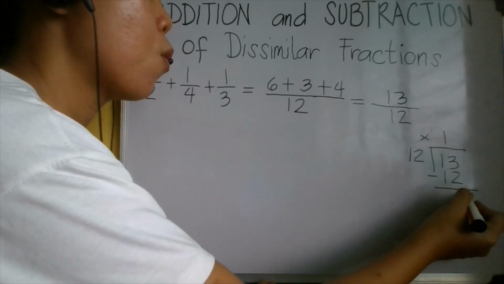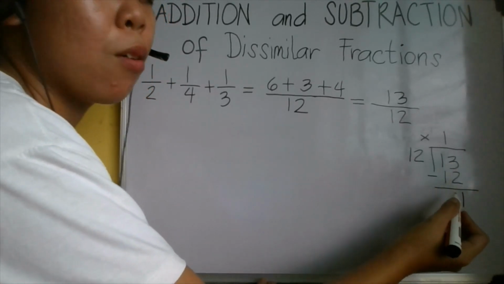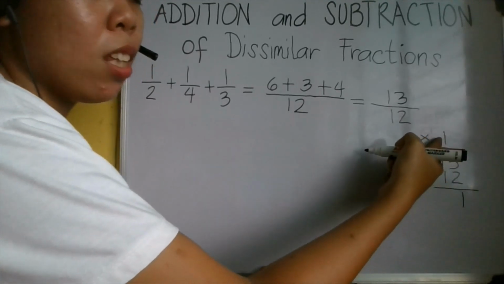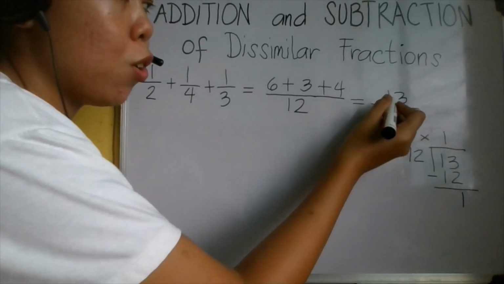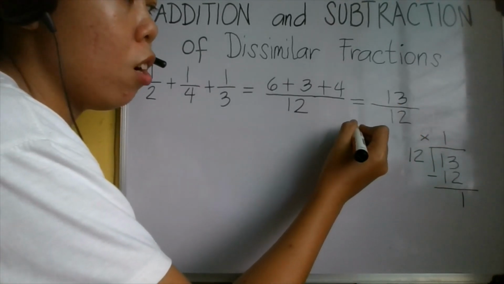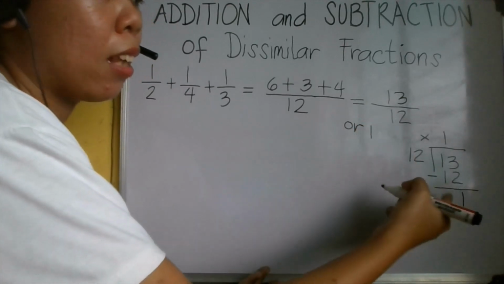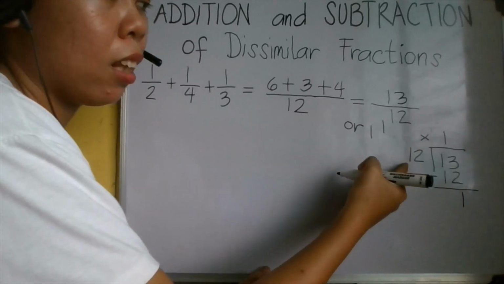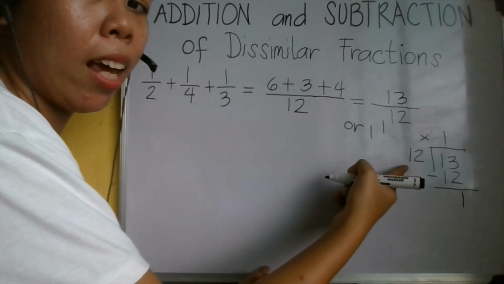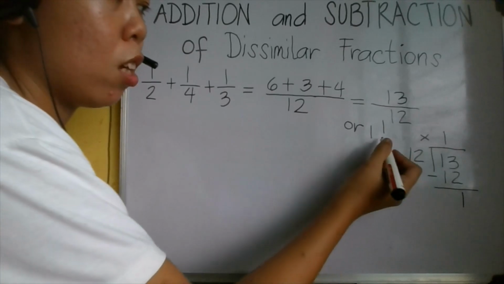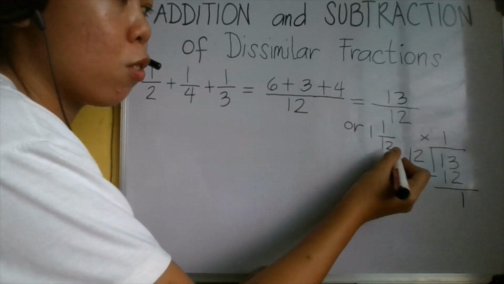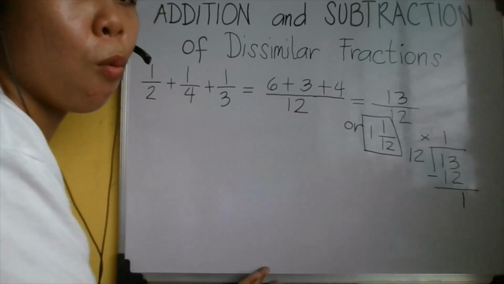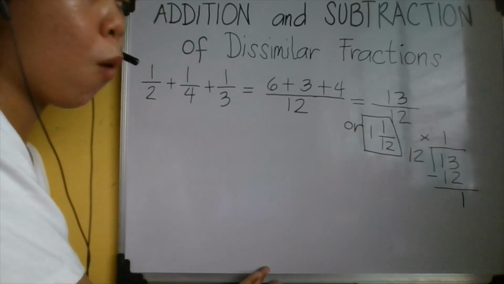So 1 yung remainder natin. So yung quotient natin ay magiging whole number, so 13 over 12 is 1. At ang remainder ay ang magiging numerator at yung denominator ay hindi magbabago. So that is 12. So therefore, 13 over 12 is 1 and 1/12.